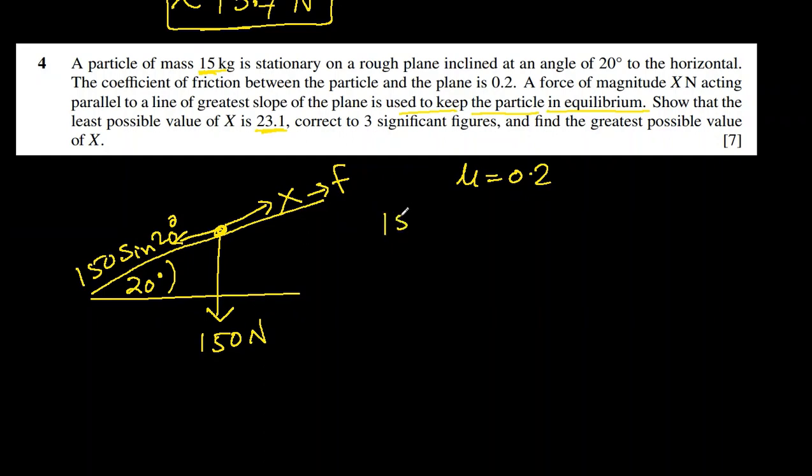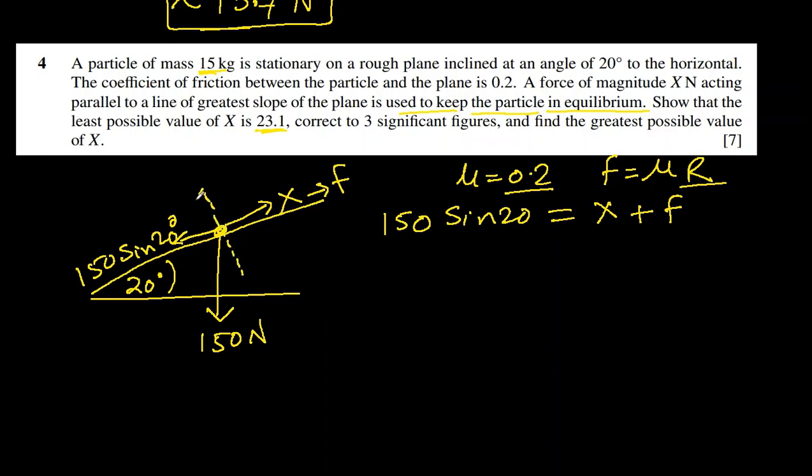So because it is in equilibrium, the force which is downwards, 150 sine 20, will be equal to x plus frictional force. We know that frictional force is mu times R. So mu is known to us, 0.2. R is the normal contact force, reaction force from the surface. So it will be in this direction, 90 degrees to the surface.